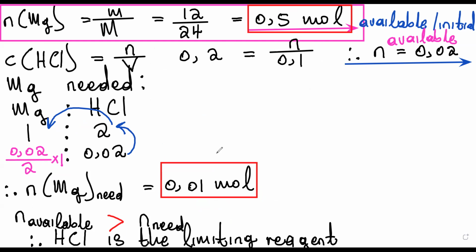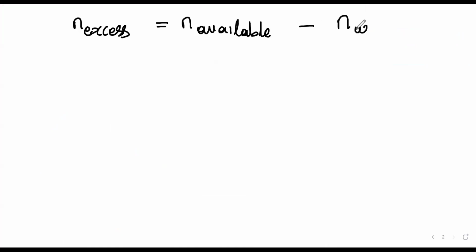So how do we find that mass? Firstly, we need to know how many moles are in excess. The number of moles in excess is equal to the number of moles that we had at the start of the reaction minus the number of moles that were used, or needed, or reacted.